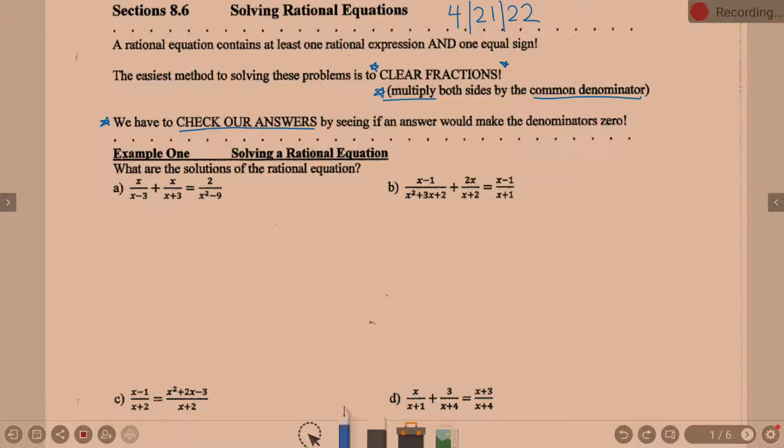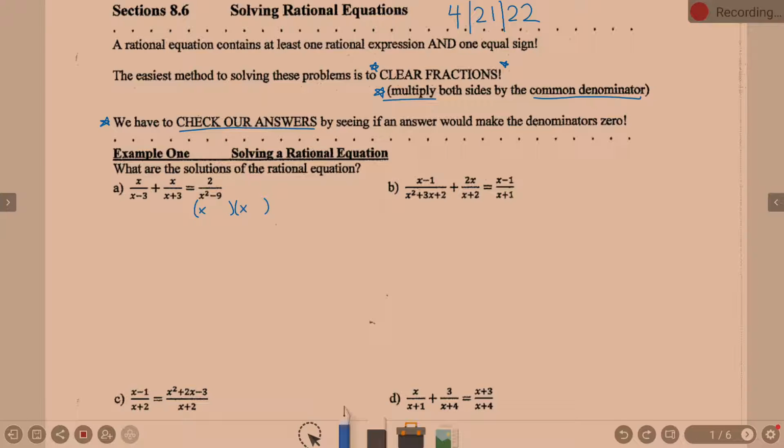So, as we look at example A, we did common denominators the last couple of days, right? What do we have to do before we figure out the common denominator? We have to factor it, right? So, just like what we've been doing the last couple of days, do any of my denominators need to factor there? Yes. X squared minus 9, is that one we know how to factor? It should be, yes. X squared minus 9 factors into 2 parentheses, x and x.